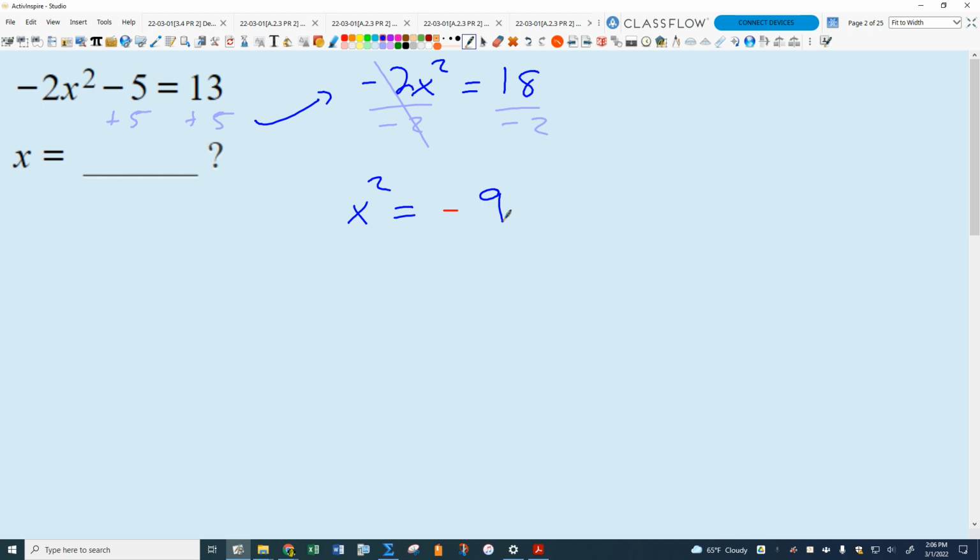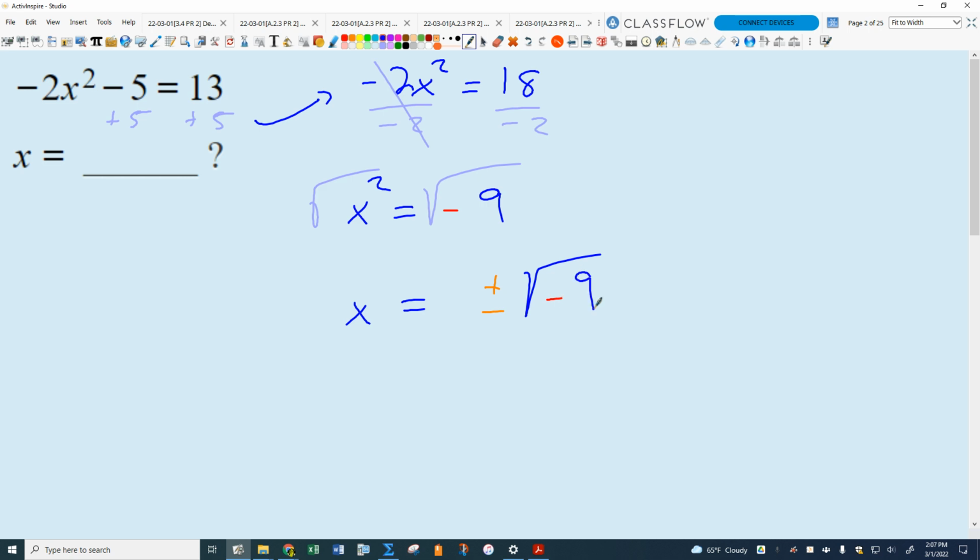If we square root both sides, the process is still the same. If I square root both sides of an equation, what do I have to include? Plus or minus. And then now I've got the square root of negative 9.